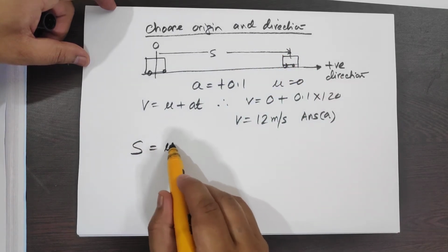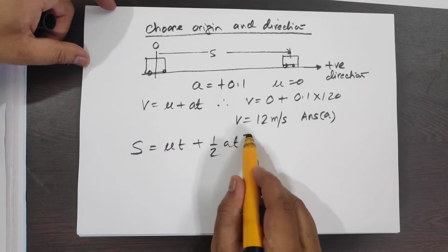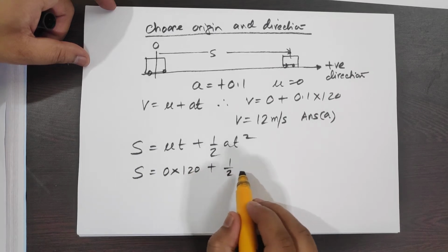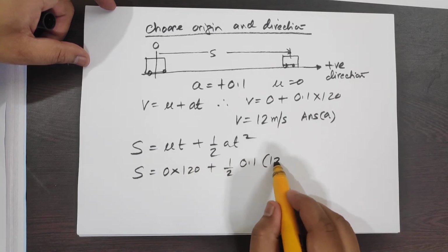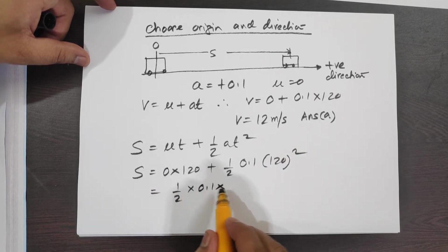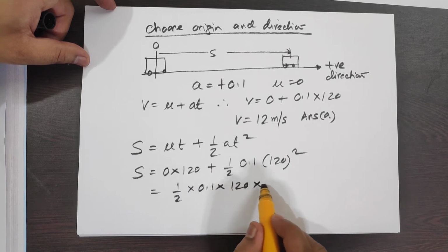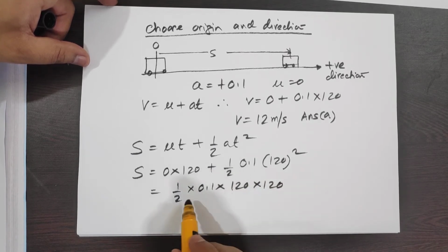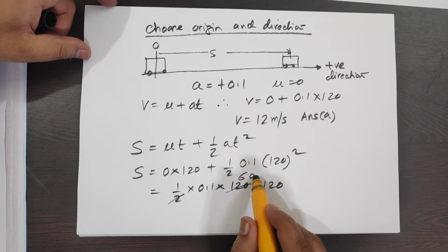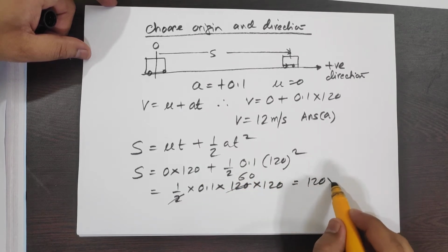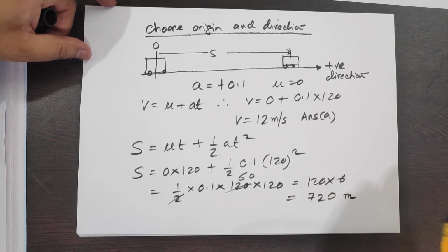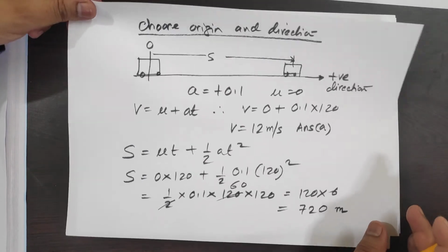So s equal to ut plus half at square, so s equal to 0 into 120 plus half into 0.1 into 120 square, that is half into 0.1 into 120 into 120, so that's 60. So 0.1, this 0 will cancel, so 120 multiplied by 6, so displacement is equal to 720 meter.